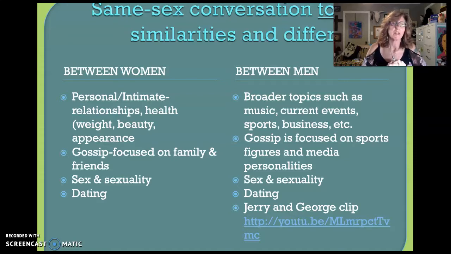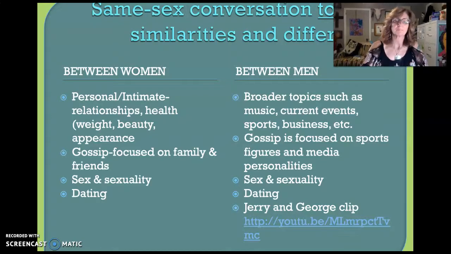It is hilarious, and it says so much about how men talk about things, and even how when a man gets more serious about the woman that he's seeing, he won't talk about certain things anymore, like details, right?